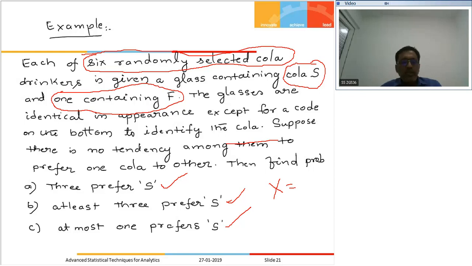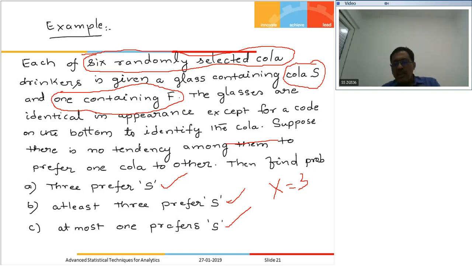Now what we have to find is the probability that X takes 3, at least 3, that is X greater than or equal to 3, and similarly at most 1.